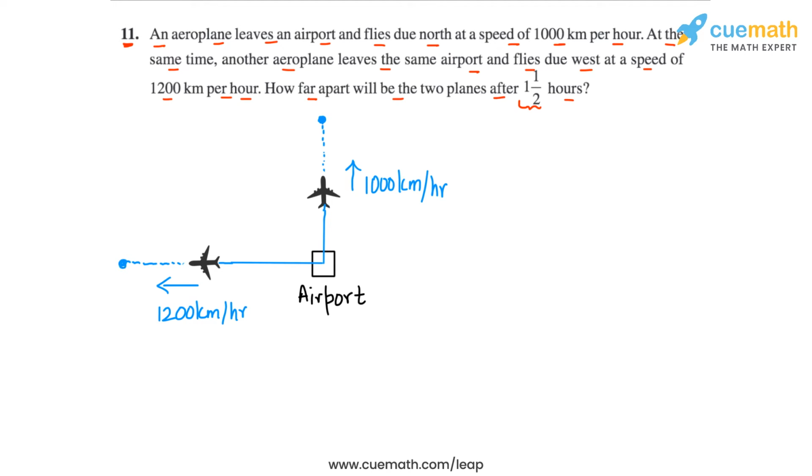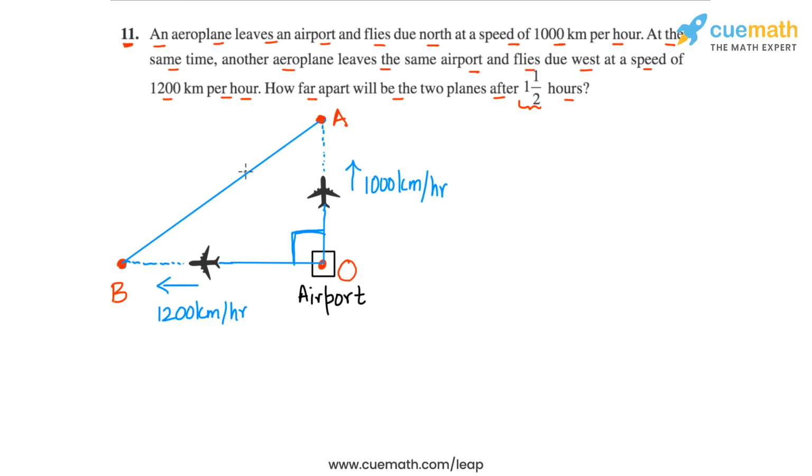Now let's label the points. Let's call the airport point O, the point of origin. Let's call this point where the first airplane reaches after 1.5 hours point A, and the position of the second airplane after 1.5 hours point B. Now if we join A and B, we get a right angled triangle because AO and BO are perpendicular to each other.